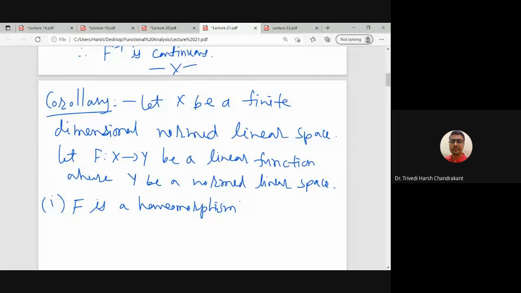If and only if f is a bijective function. So here homeomorphism is homeomorphism onto codomain Y. So this condition is equivalent to the condition that our linear function is bijective.